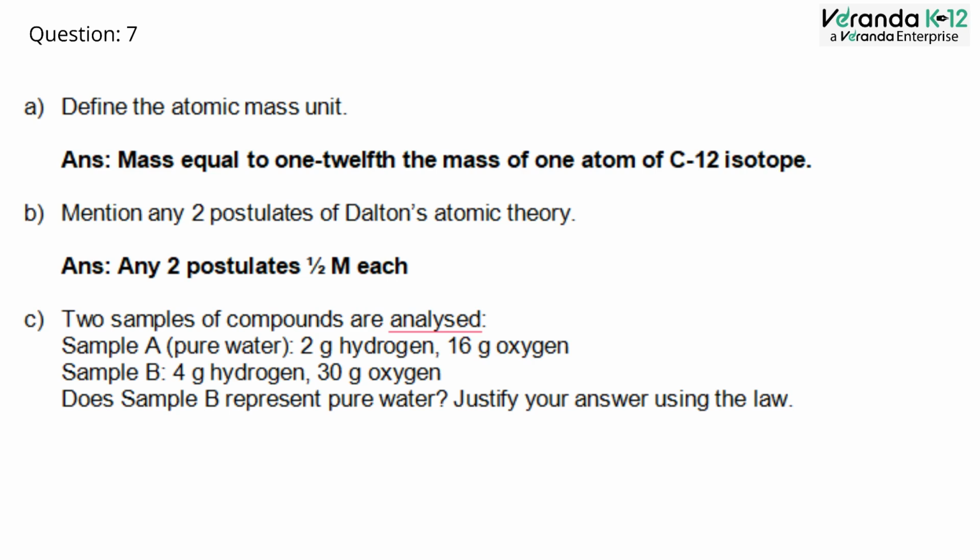Atoms of a given element are identical in mass and properties, or atoms of different elements have different masses and different chemical properties. Atoms combine in the ratio of small whole numbers to form compounds. The relative number and kinds of atoms are constant in a given compound. Out of these many postulates, they have to answer any two.